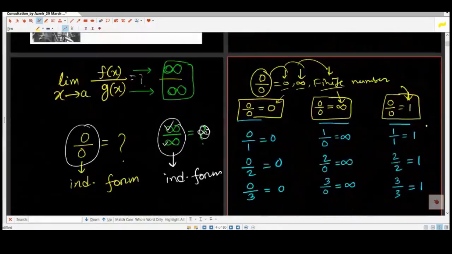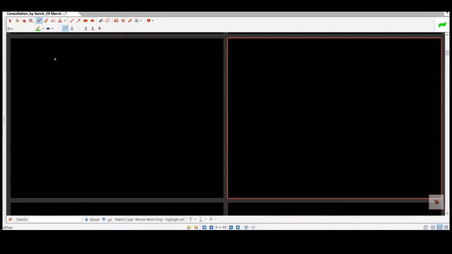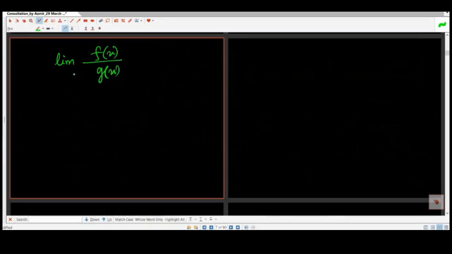Our target is to evaluate the limit of f of x over g of x as x approaches a. If initially we have 0 over 0 or infinity over infinity, then we can apply L'Hopital's rule to evaluate the limit. So now we have to know what L'Hopital's rule is. Then we will discuss the procedure for solving this limit.